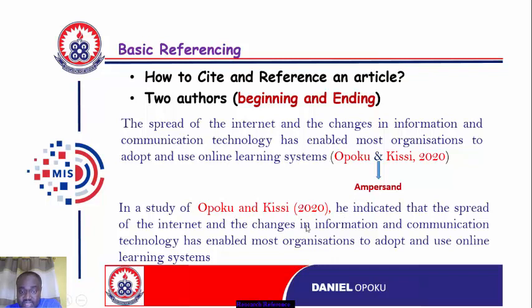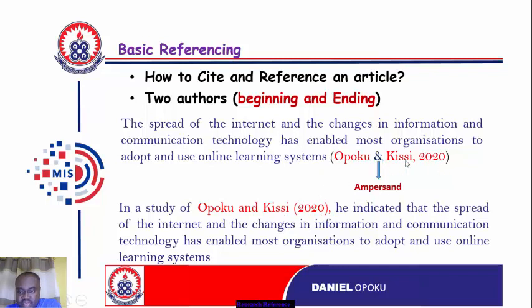So correct this: they indicated that, not he indicated that. Right. So that's when you have two authors. In the end, you use the ampersand. In the beginning, you use the word and. And when the names begin the sentence, the names come out and the year follows in brackets. So look at Opoku and Kisi, then in brackets 2020. This one, they're all in brackets.